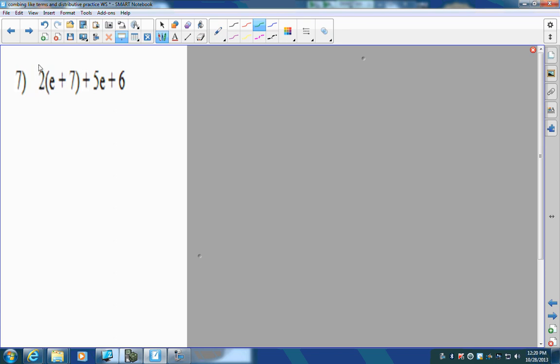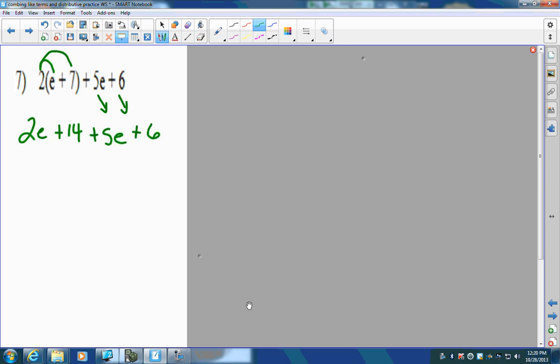A 2. So you're going to take 2 times e and get 2e, 2 times 7 and get 14. Now, is the 5e or the 6, are they inside the parentheses? No. So you're just going to bring them down, plus 5e plus 6.